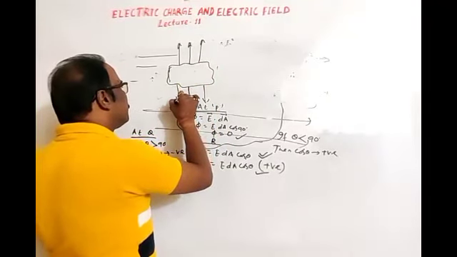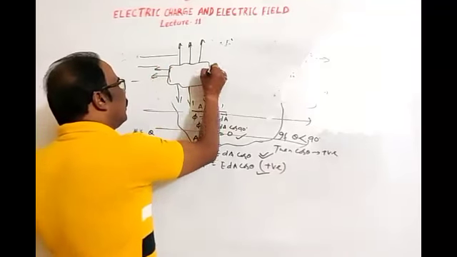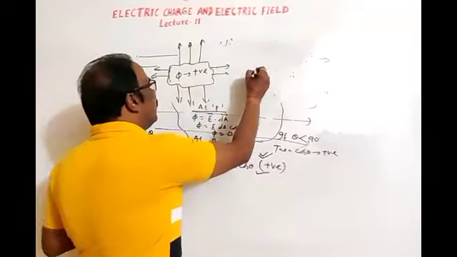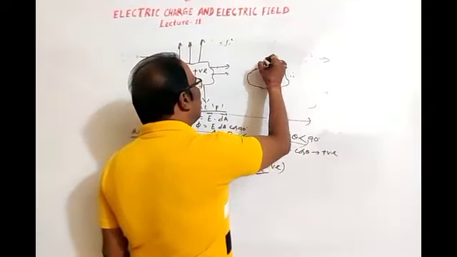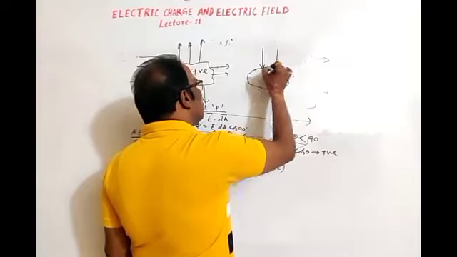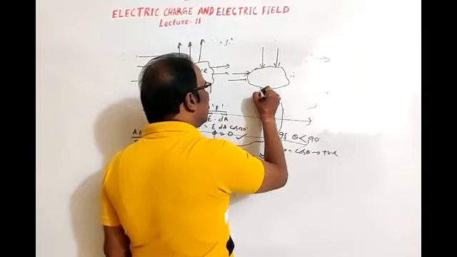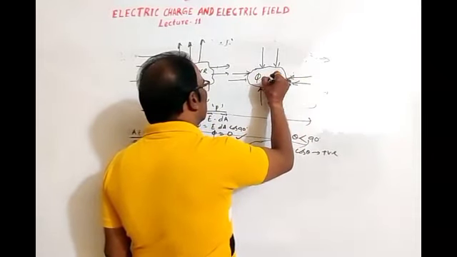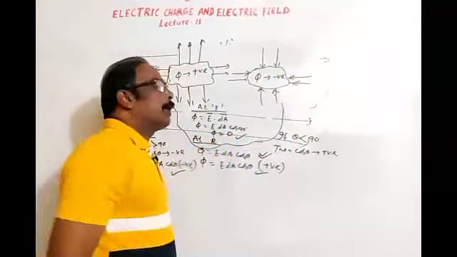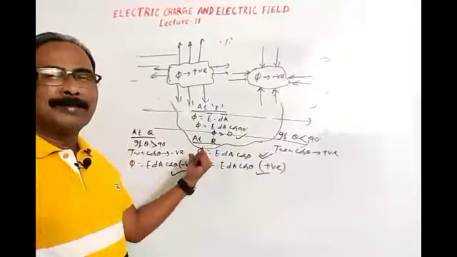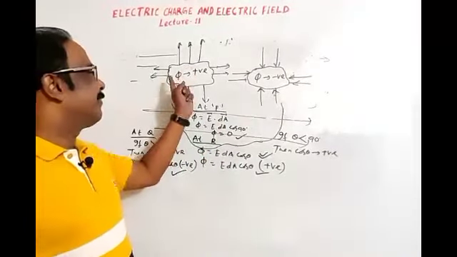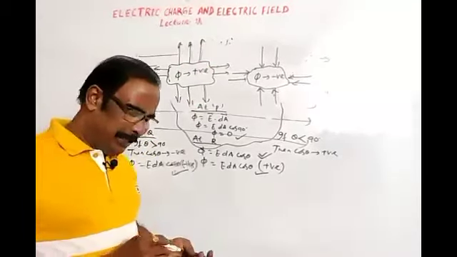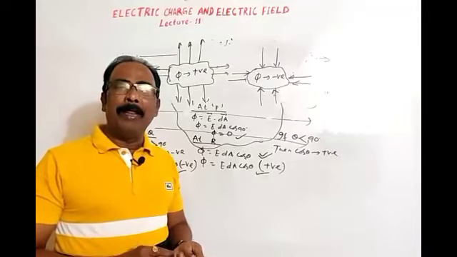Outward flux is positive, and if this is another closed surface, then these fluxes are inwards. Then inward flux is negative. For a closed surface, outward flux, meaning away from the surface, is positive and inward flux is negative. Okay, so these are fundamental ideas about electric flux.